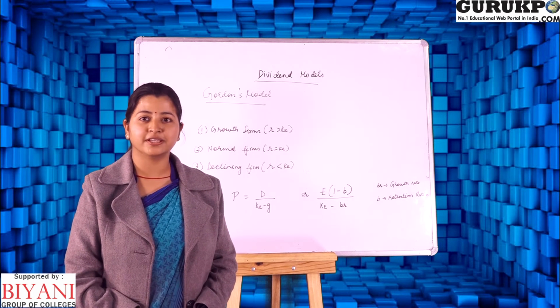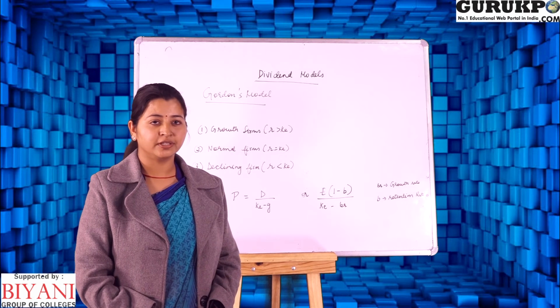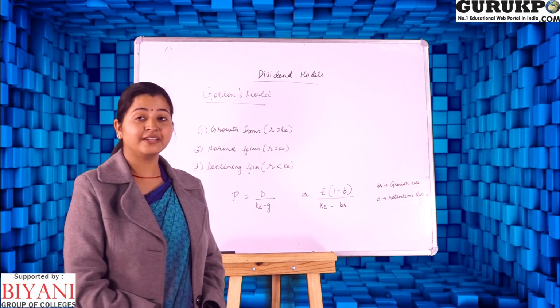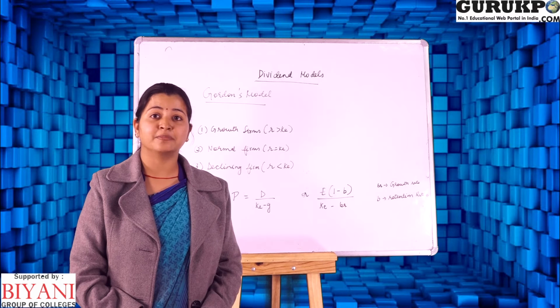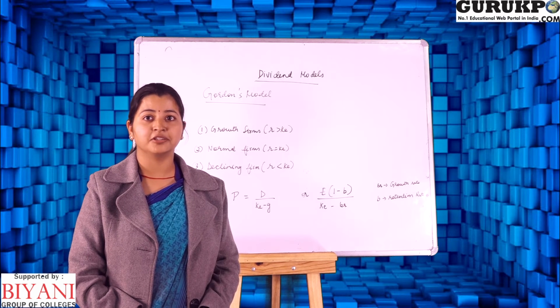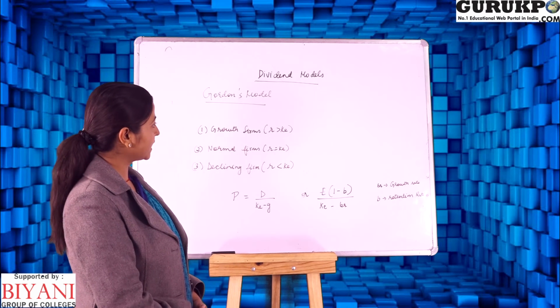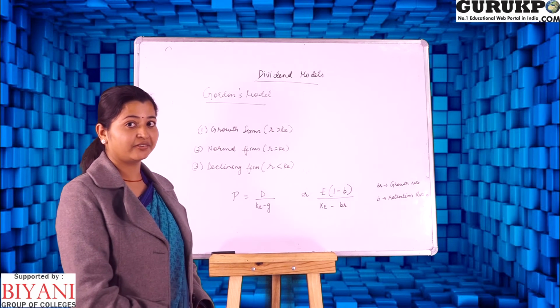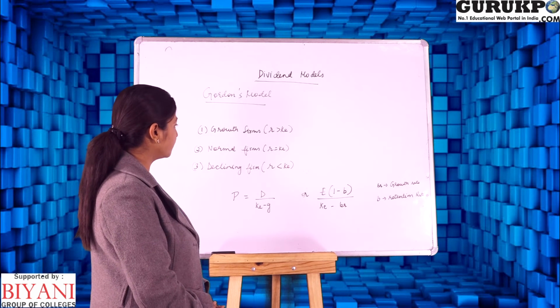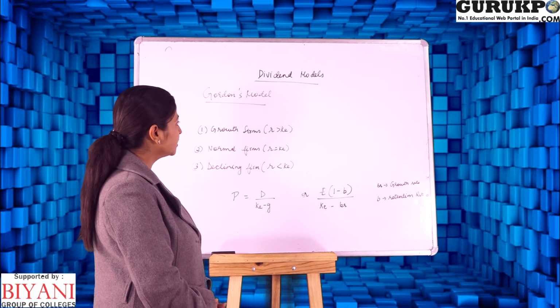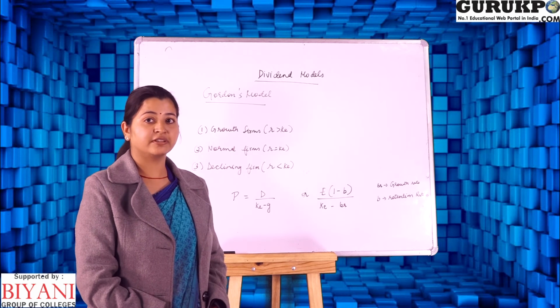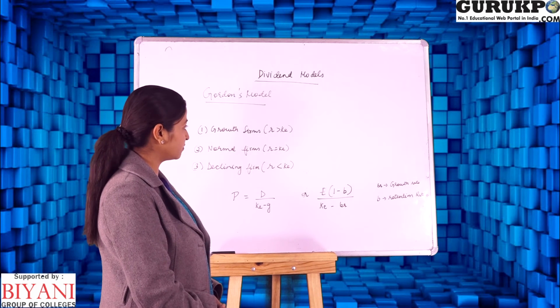Now the next model is Gordon's model. He also proposed that dividend decision has a direct bearing on the market value of the shares. He also suggested three categories of firms: growth firms, normal firms and declining firms. Growth firm is when internal rate of return is more than cost of equity.